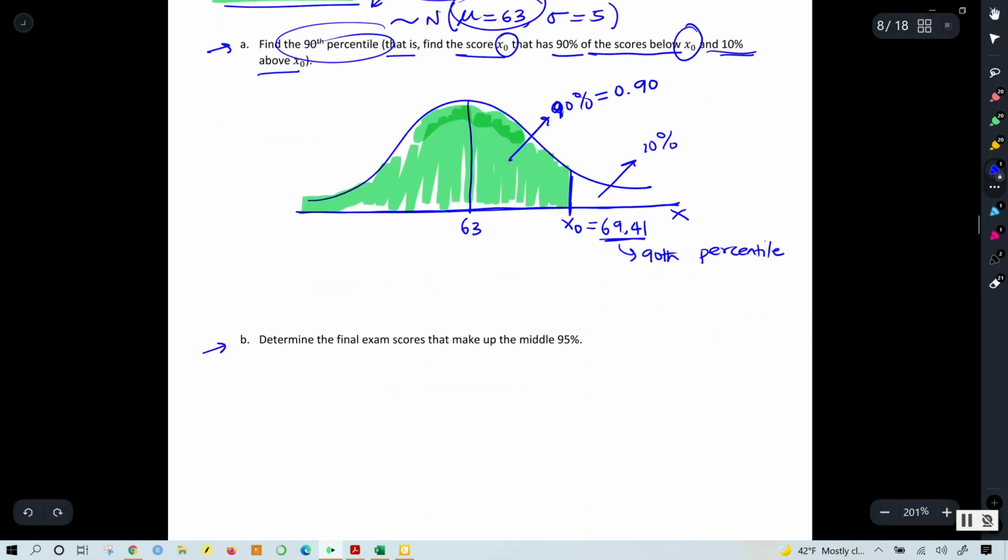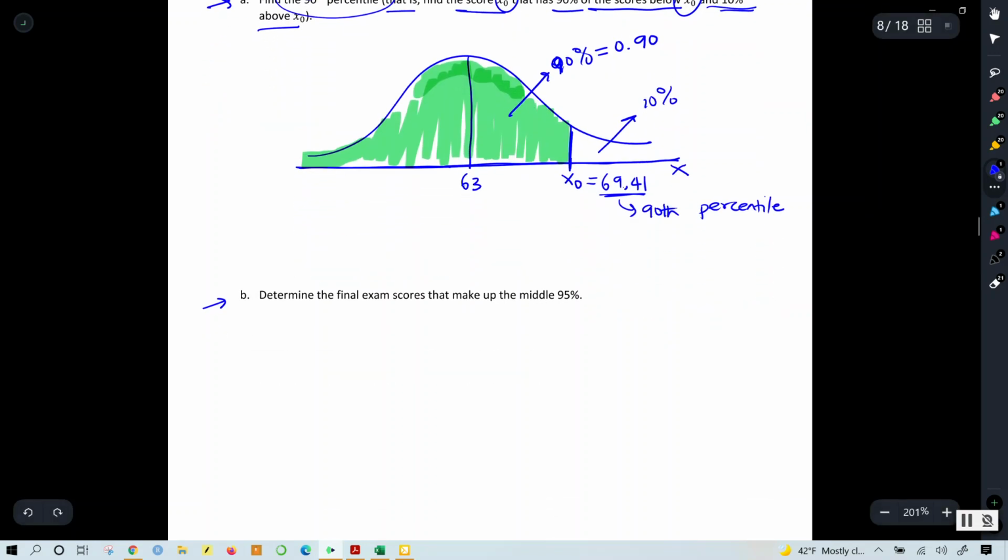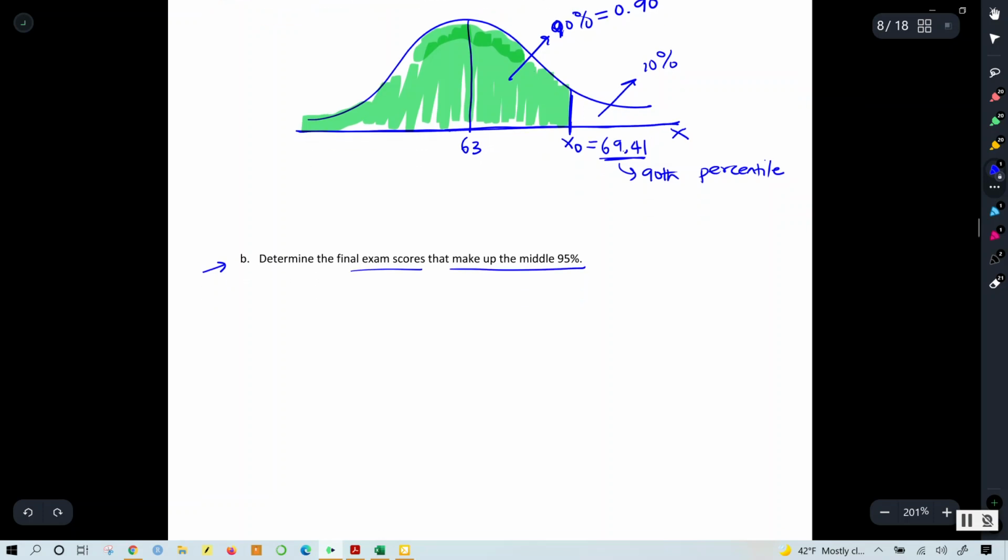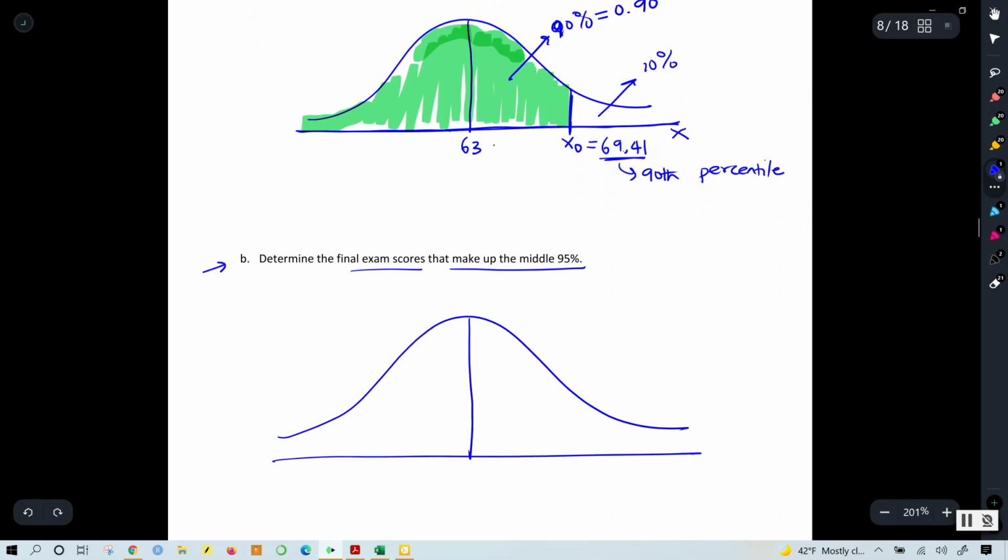Then, for the next part of the question, question B, we are to determine the final exam scores that make up the middle 95%. Sure, we sketch our normal curve, we locate the mean, which is 63 in the context of this problem, and we want the final exam scores that make up the middle 95%.